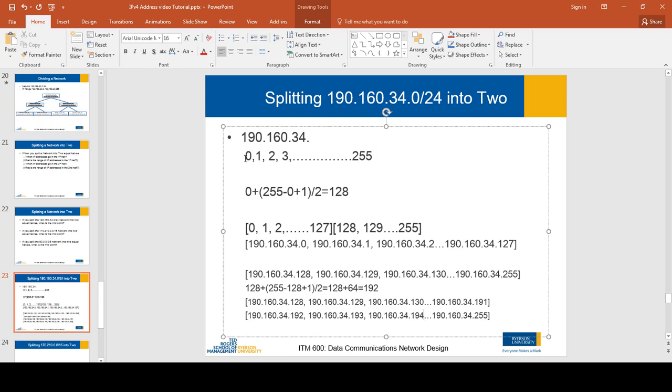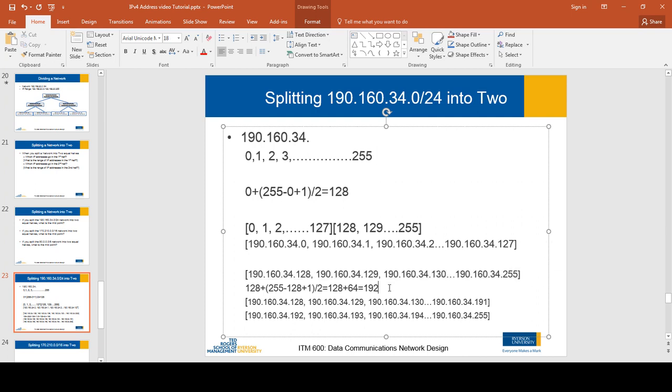So first this range was split into two equal halves, and we got 0 to 127 in the first half, and 128 to 255 is the second half.